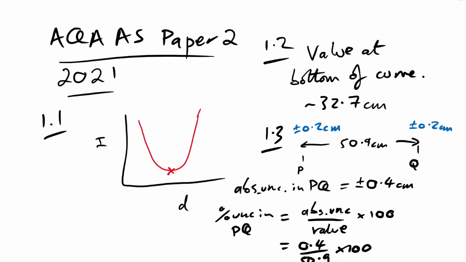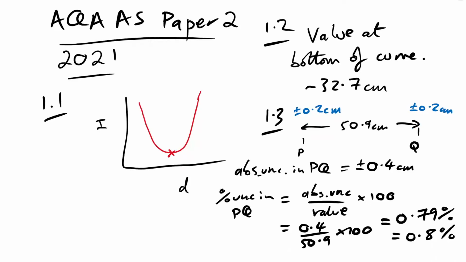And we end up with 0.79%. Well, I think we should round that to 0.8%, and actually that's what they've done in the mark scheme as well. Percentage uncertainty is a bit difficult when we're thinking about sig figs, but I guess we could say that the absolute uncertainty is to 1 sig fig, therefore our percentage uncertainty should be as well.